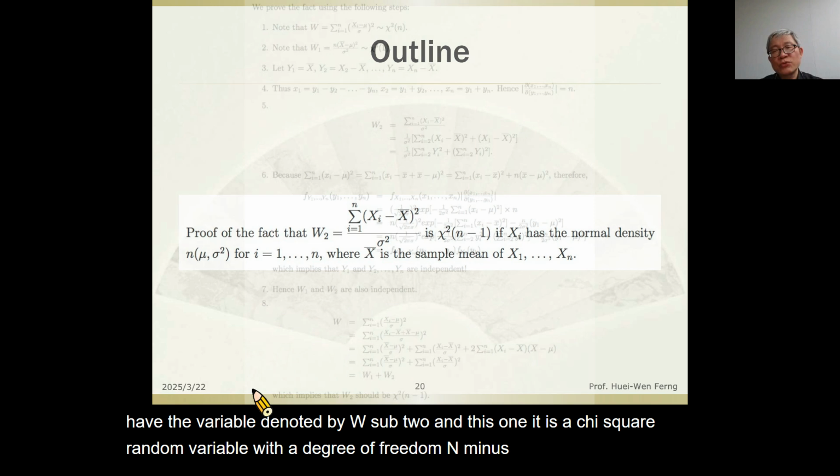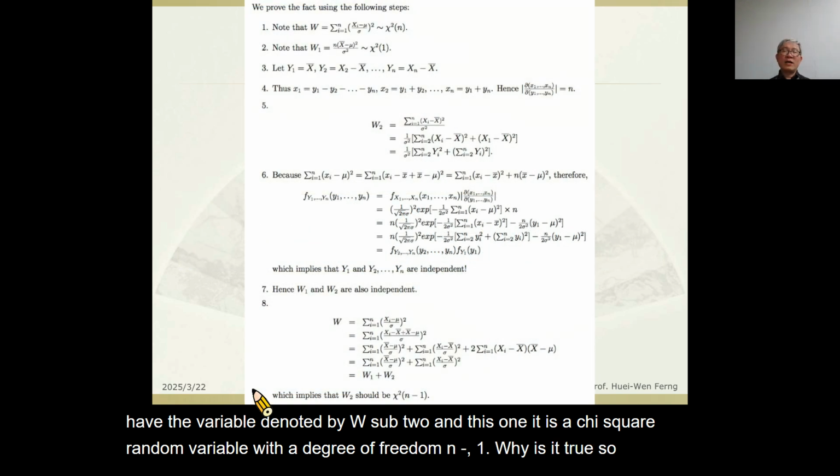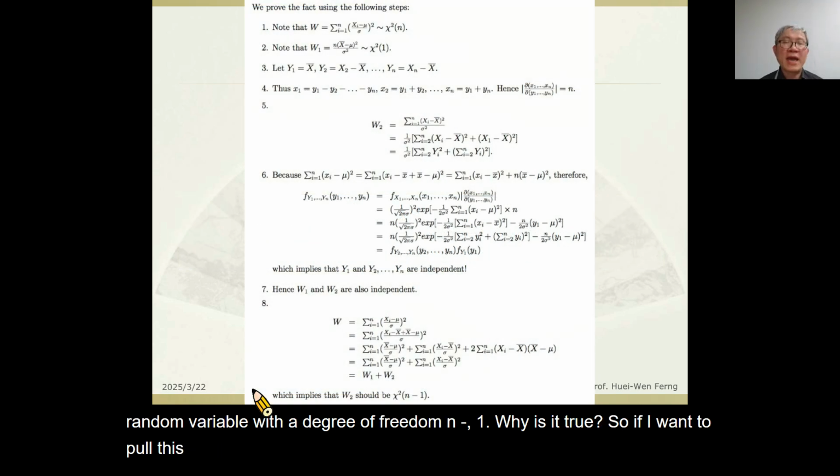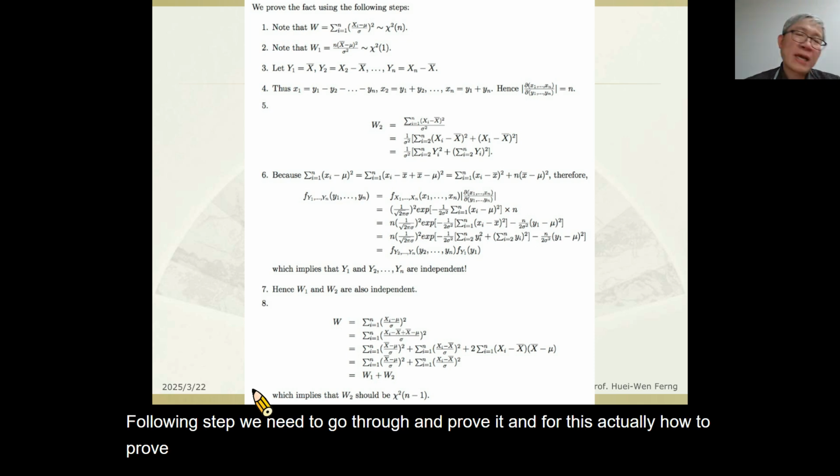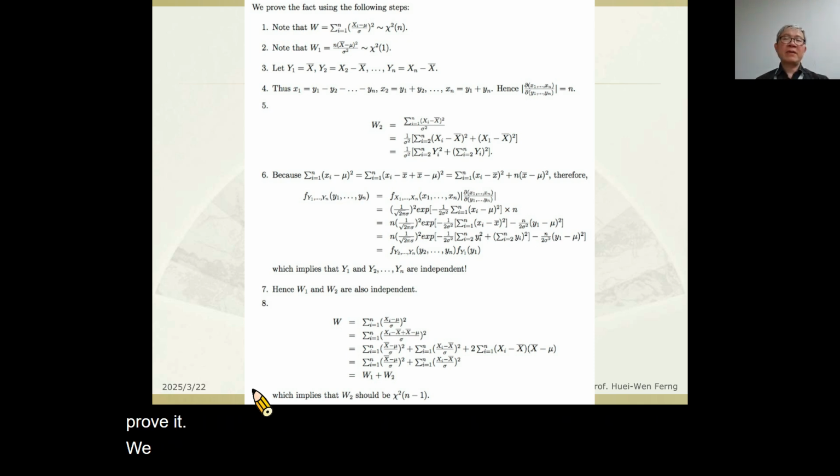Why is it true? If we want to prove this, we need to go through the following steps, and there are many steps. Let us try one by one. So first of all, we have W.